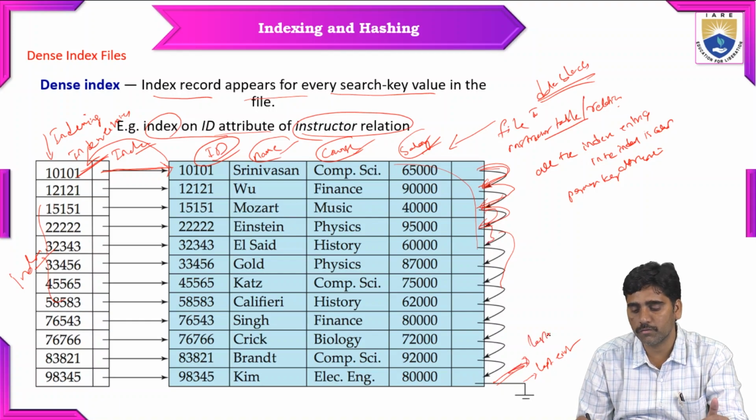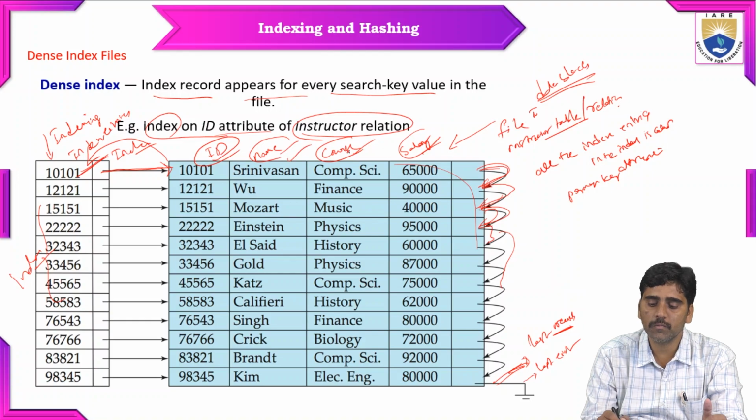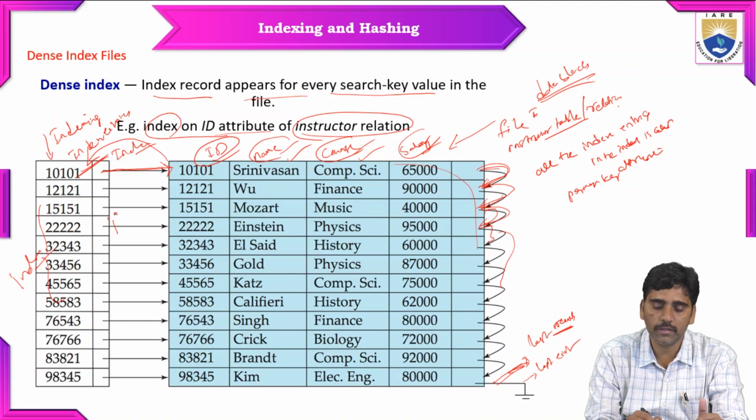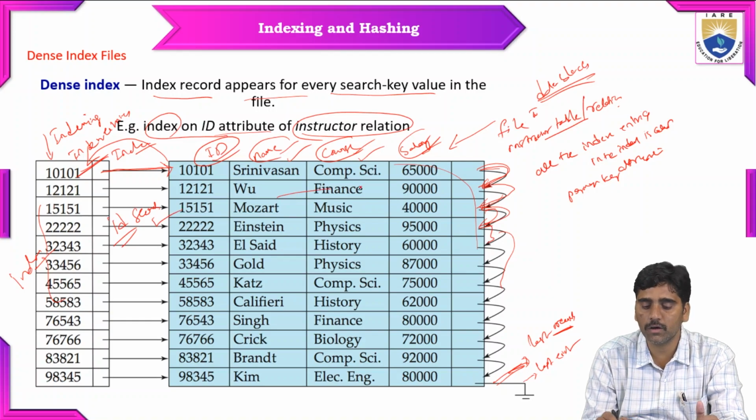So all this name, course and salary always depend upon the search key value. Here the ID is the search key value, and all the remaining attributes are only for the records to be retrieved.